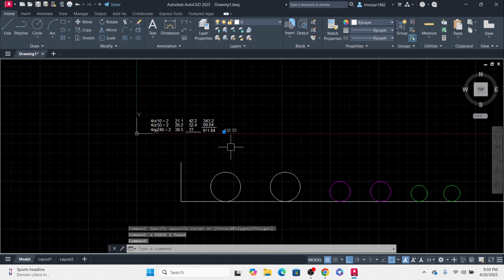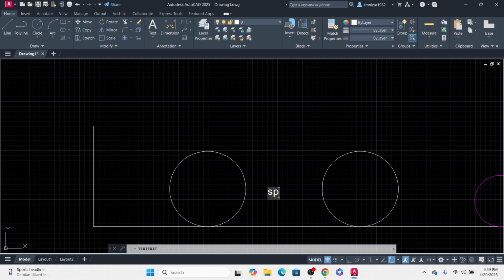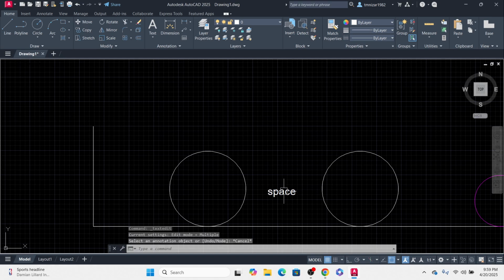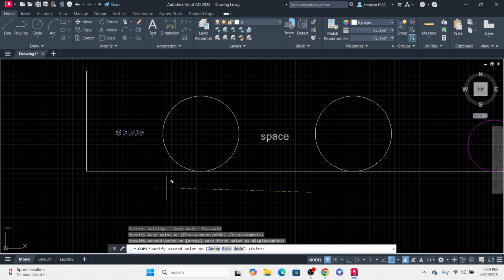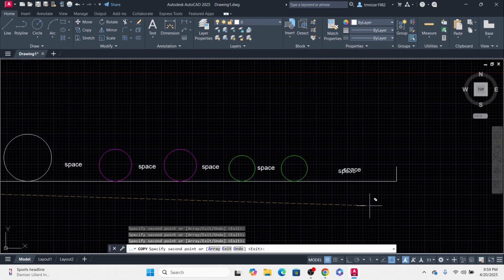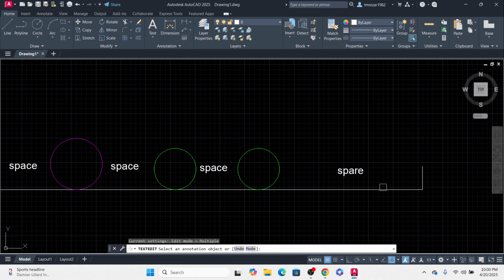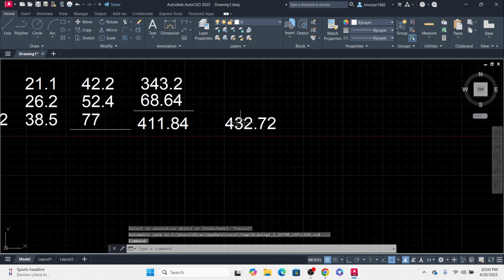This is the space. I will type here: space, space, space, space. This one is spare. So it's almost very similar.